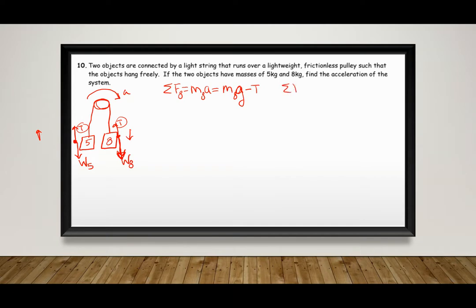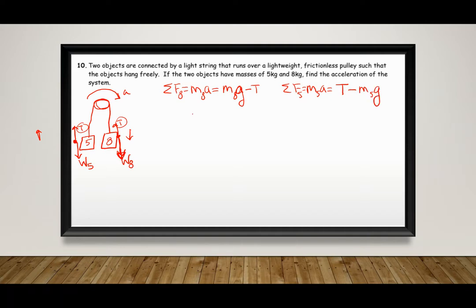The sum of forces on our object 5 is equal to mass 5 times acceleration. And those forces are equal to, so tension is now going in the positive because I've set my acceleration as positive. So tension minus mass 5 times g.